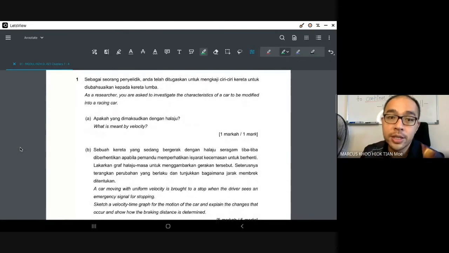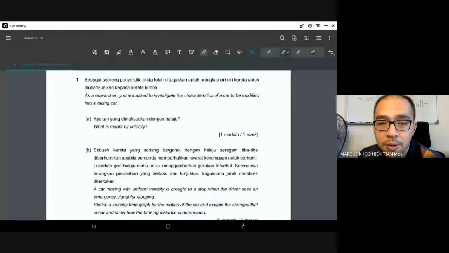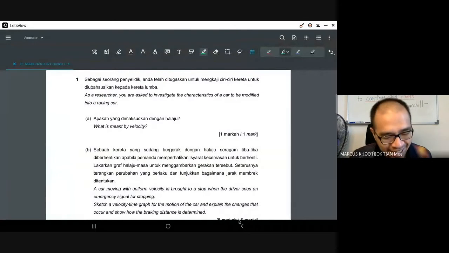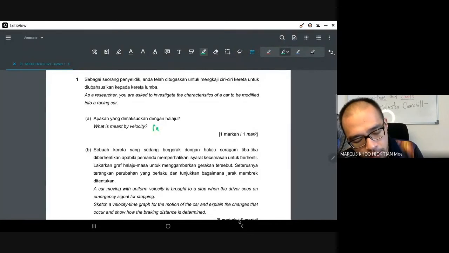As a researcher, you are asked to investigate the characteristics of a car to be modified into a racing car. Wow, doesn't it sound familiar? What is meant by velocity? This is a very standard definition. Velocity is the rate of change of displacement.